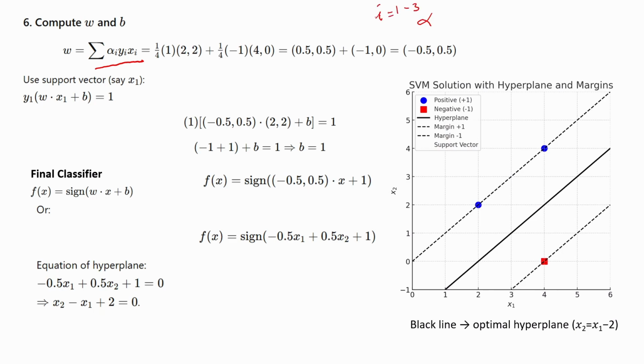So you have to find alpha 1, y1, x1 plus alpha 2, y2, x2 plus alpha 3, y3, x3 when you take this summation. So alpha 1 you substitute, y1 also we know, x1 also we know. So this is alpha 1, y1, x1, this is alpha 2, y2, x2.